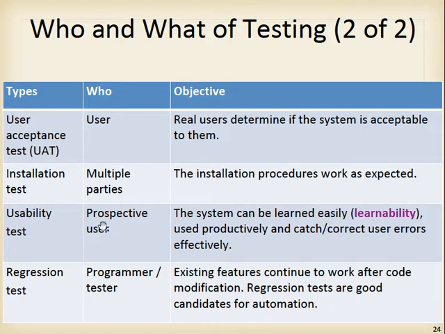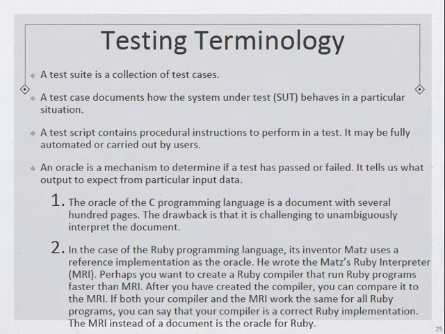Usability tests: prospective users want to be able to use it without learning effort, be productive, and correct their input errors easily. And regression: we want to test that after modification, existing features will continue to work rather than break.